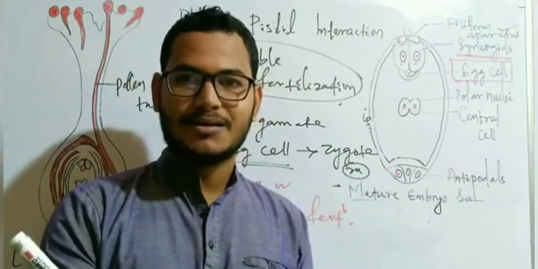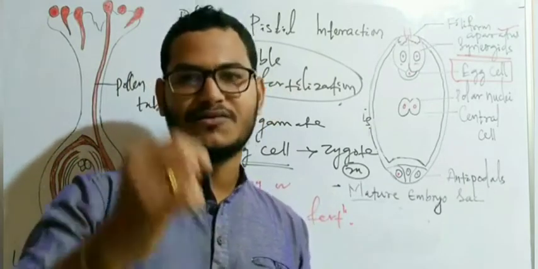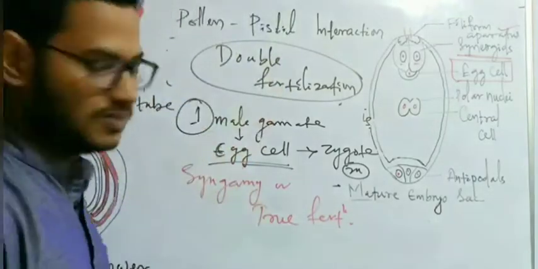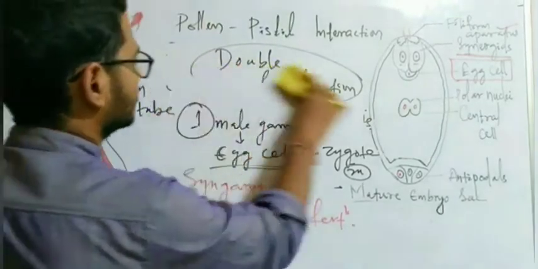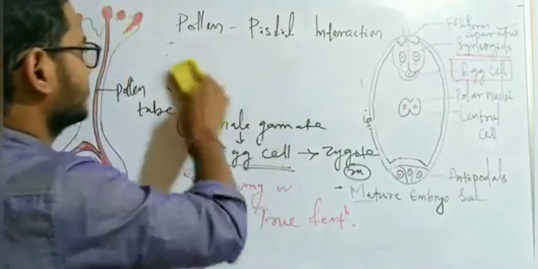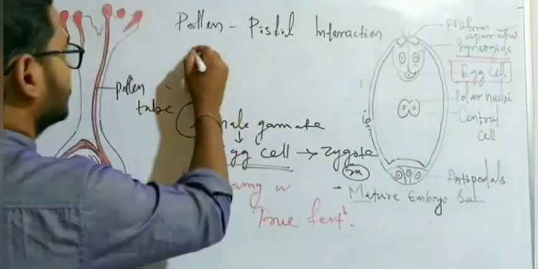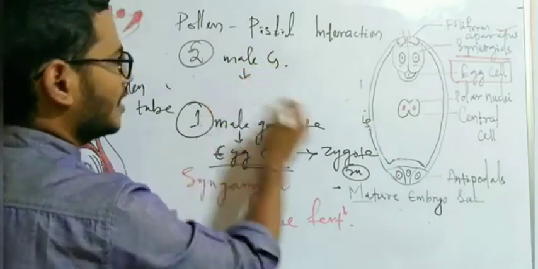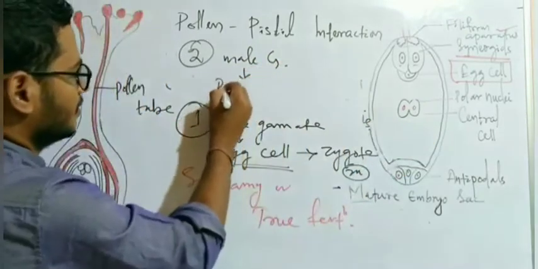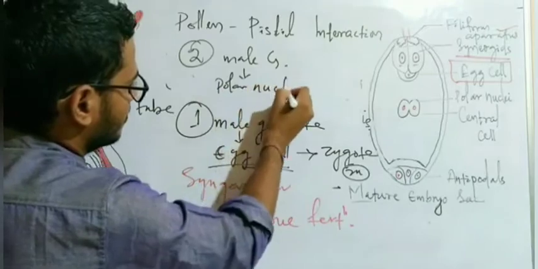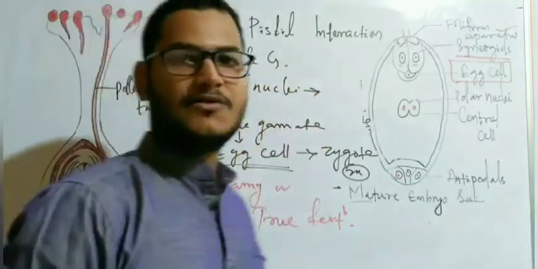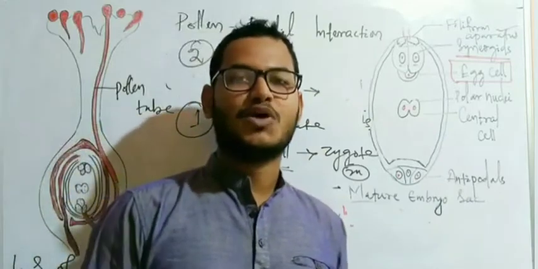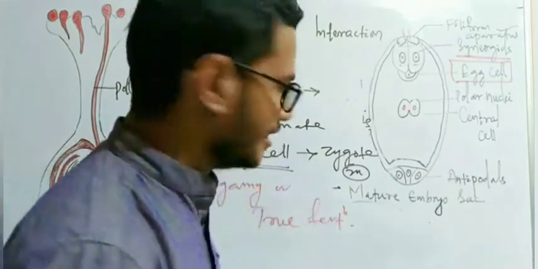Now the second male gamete travels towards the 2 polar nuclei, and it will fuse with the polar nuclei to produce a triploid primary endosperm nucleus.